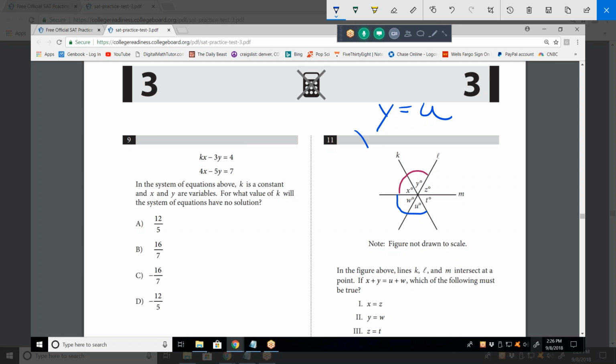And if x plus y equals u plus w, and y is equal to u, what's the relationship between x and w? They're equal to each other too? Correct. So we know that x equals w. So we actually know those two things for sure.